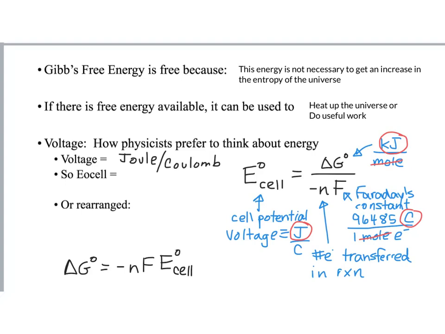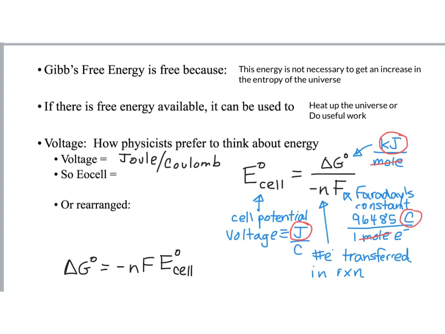But I wrote it the other way first because I think it's easier to see how it relates to the definition of volts, that volts are energy carried by every charge, the amount of energy. So what this means here is that the cell potential is another way to quantify how much free energy we have available to do useful work.